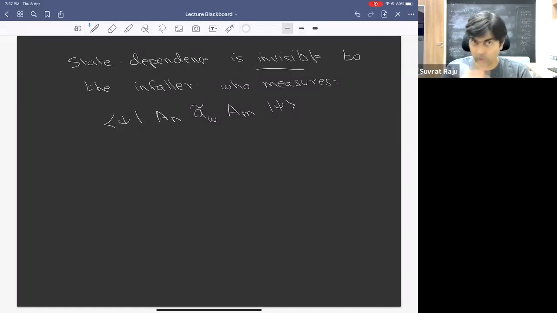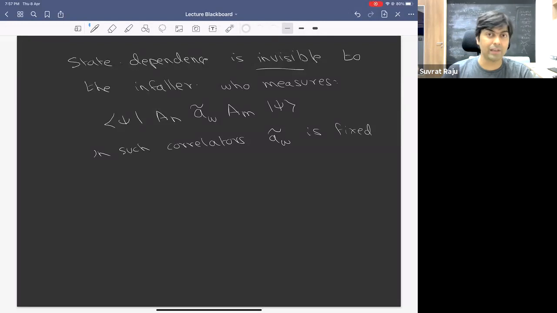But in such correlators, A omega tilde is fixed. In fact, we designed it to act linearly on the little Hilbert space. Right? It acts linearly on the little Hilbert space. And what is more, you can take products.